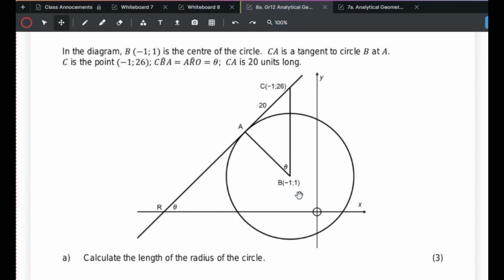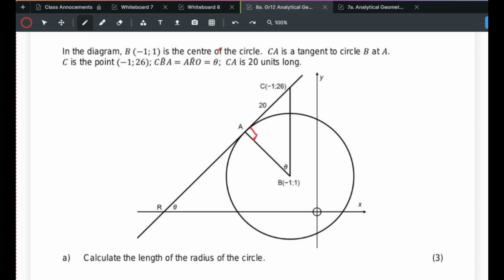One thing we do know, at least, is that since that is a tangent, this is 90 degrees, so that's the right angle. That's all we can take from all those other things. So what do we do?